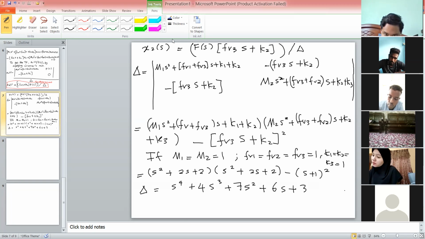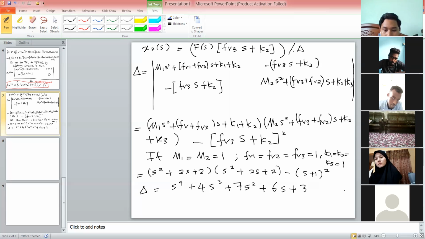Now, can you see this equation? S2S equals Fs times FV and so on, over determinant. We just insert this determinant into this.